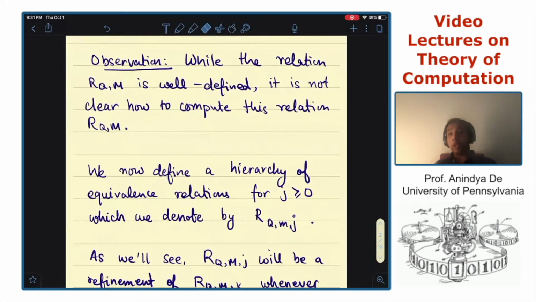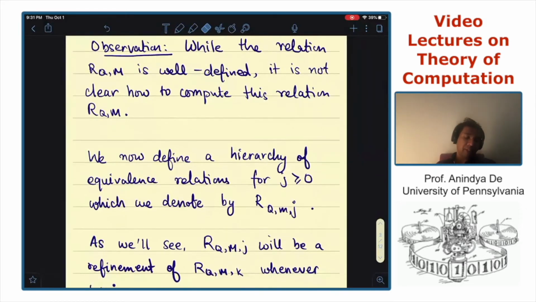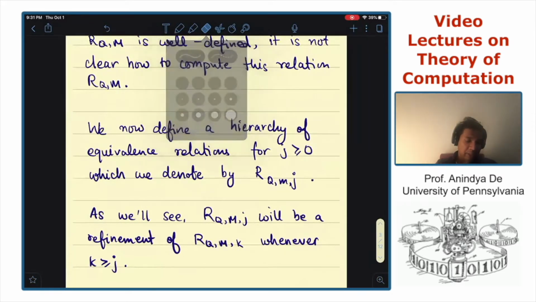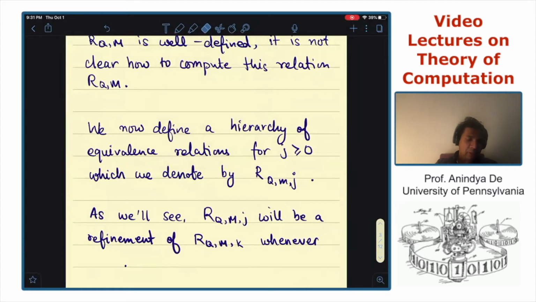In fact, the way we will give an algorithm is that we'll define not one equivalence relation, but a hierarchy of equivalence relations. For every integer j greater than or equal to 0, we will define an equivalence relation R_{Q,M,j}. This will be related to R_{Q,M} as the name suggests.